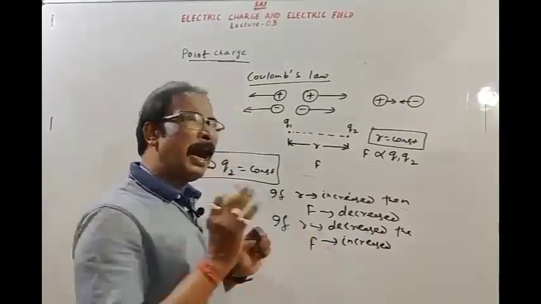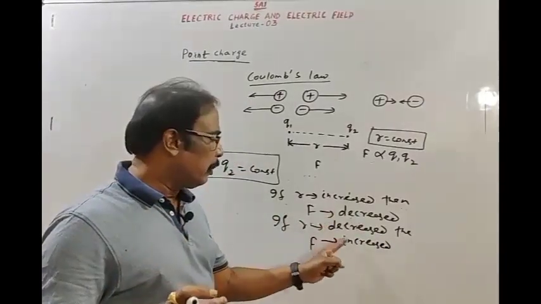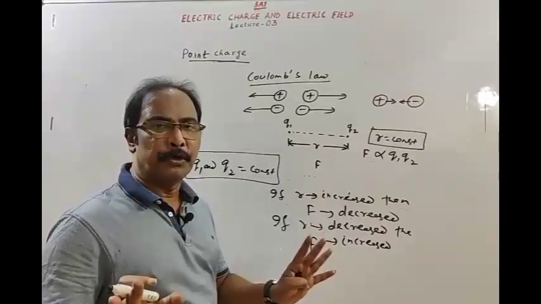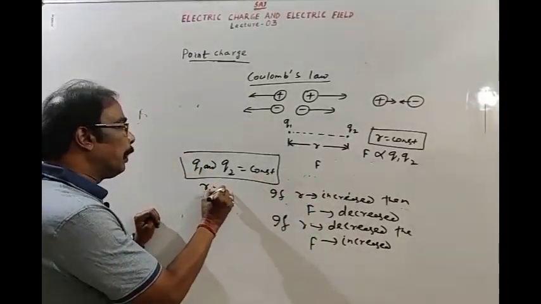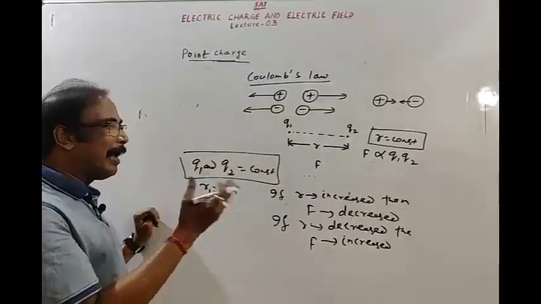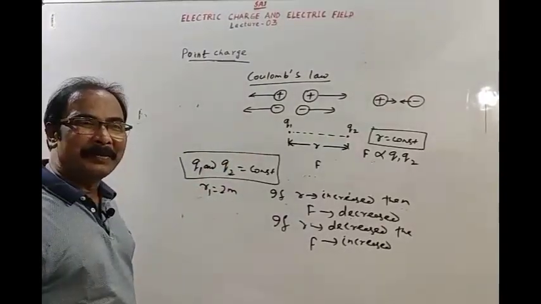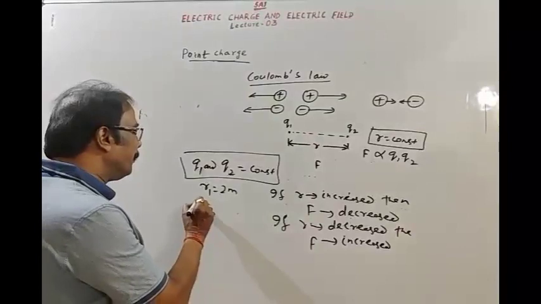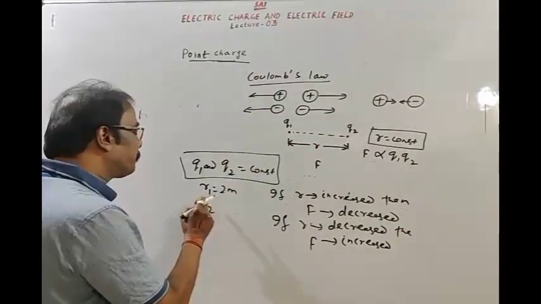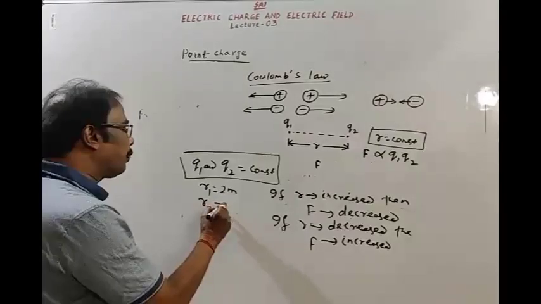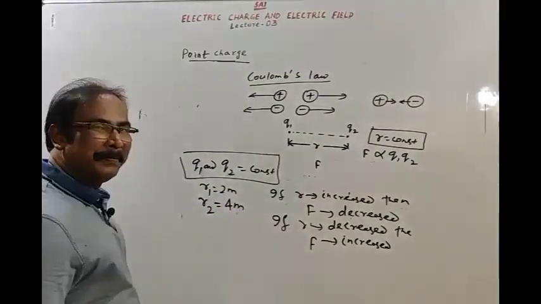Then how much is the increase or decrease in force? Let initially the distance be R1, which is 2 meter, as in the case where the magnitude of charges was doubled. Now we increase the distance between the two charges, and finally it becomes R2, let it be 4 meter.